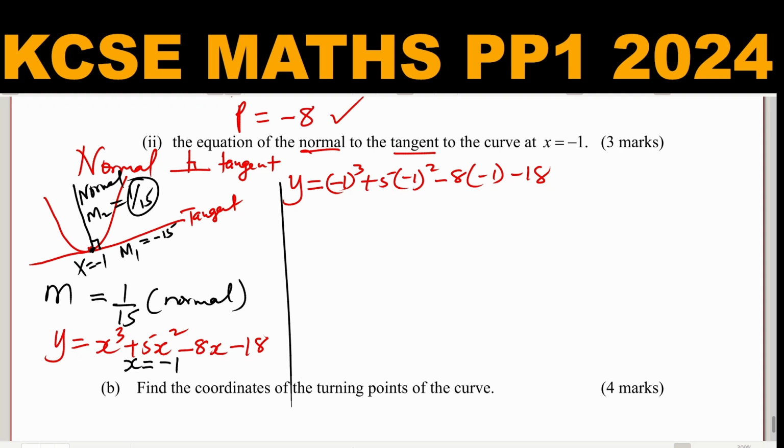Using a calculator, this will give -6. So when x equals -1, y equals -6. The common point between the tangent and the normal has coordinates (-1, -6), and we have the gradient.